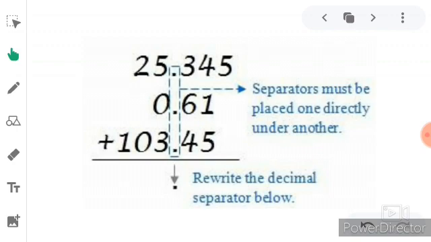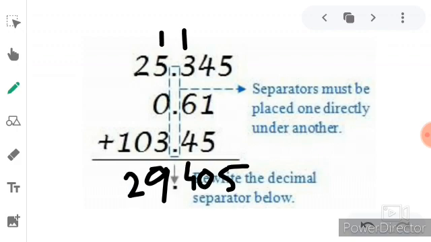So start from 5. 5 as it is, then 4 plus 1 is 5, 5 plus 5 is 10, 1 carry, 1 plus 3 is 4, 4 plus 6 is 10, 10 plus 4 is 14, 1 carry, 1 plus 5 is 6, 6 plus 0 is 6, 6 plus 3 is 9. Then 2 plus 0 is equal to 2, 1 as it is.